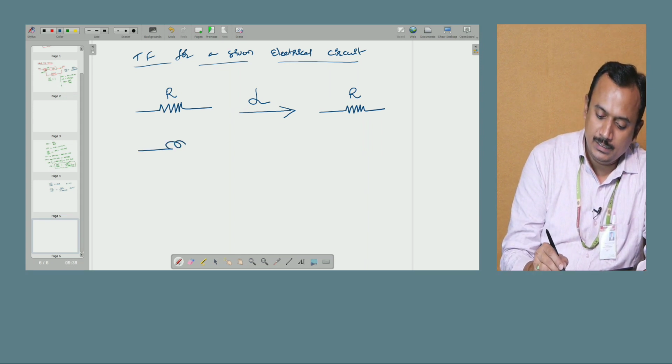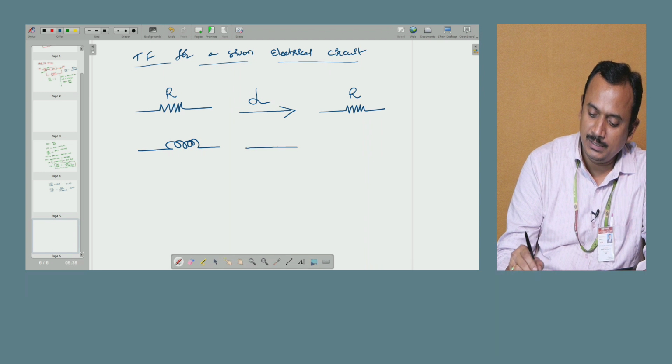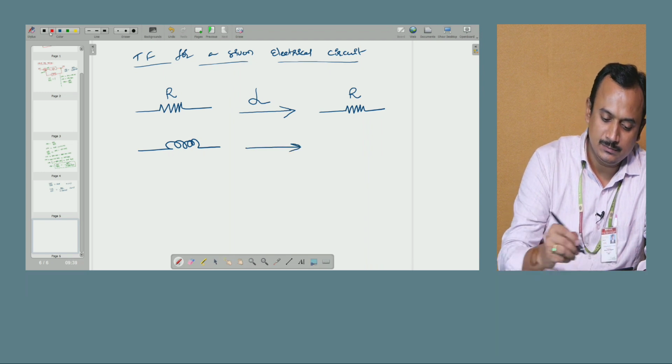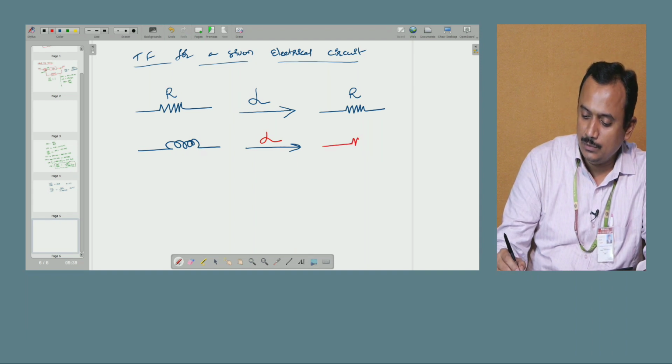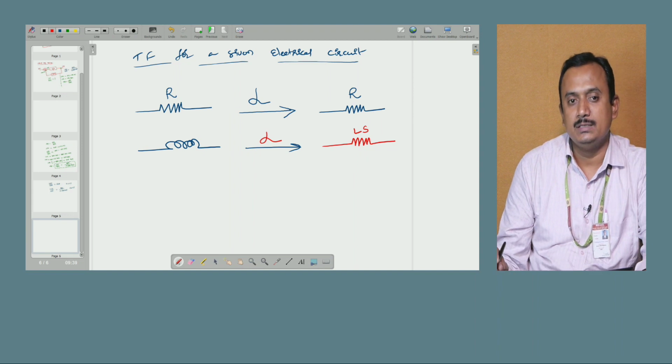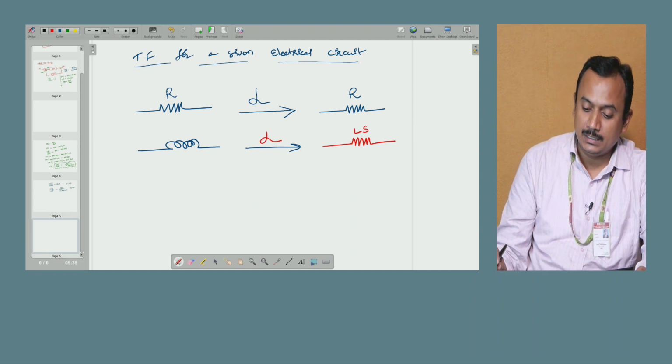If I take an inductor and apply the Laplace transform to this pure inductor, the value which I am going to get is L into S. This is the Laplace transform of inductance.